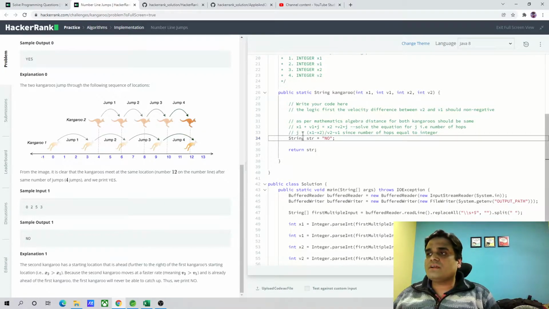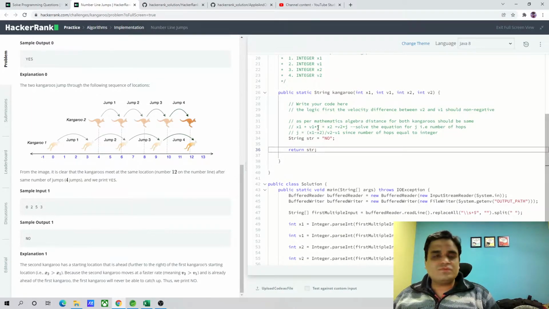The distance covered by kangaroo 1 will be x1 plus v1 into j, considering the number of hops, and x2 plus v2 into j will be the distance on the x-axis covered by kangaroo 2. If these two kangaroos are meeting at a point, say for example 6, that means x1 plus v1 into j equals x2 plus v2 into j.